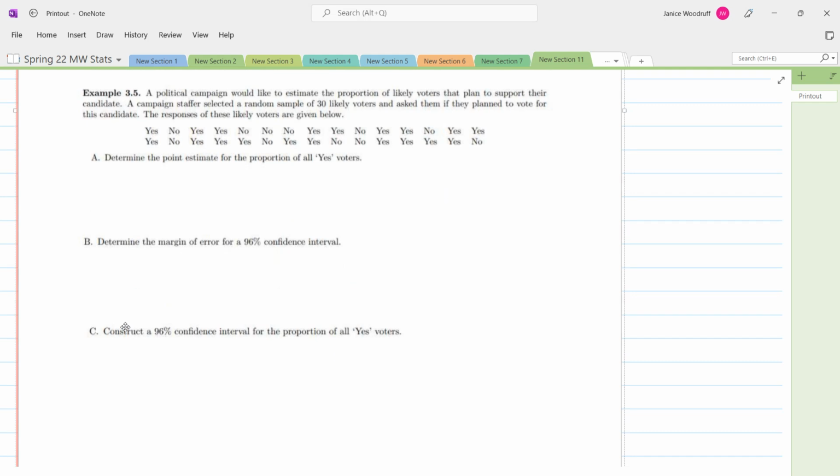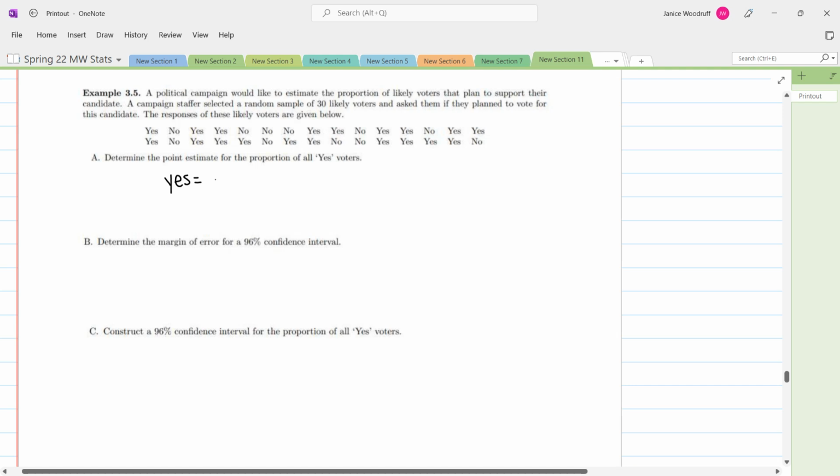So determine the point estimate for the proportion of yes. So how many yes do we have? 19? You guys get 19? 19 yeses. And then how many total? It says it. Don't count. 30.